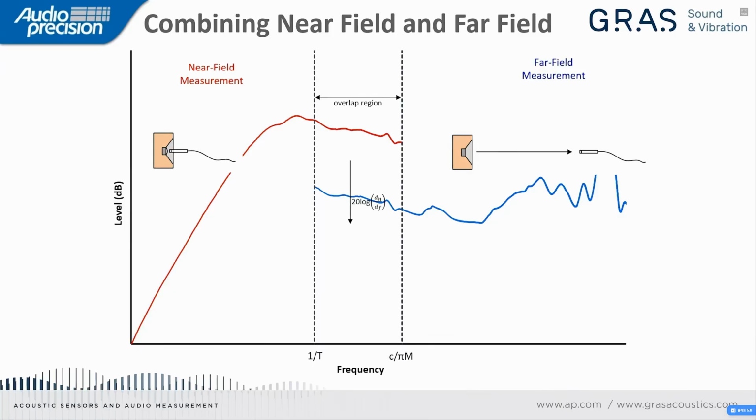Now, APX has a very nice utility called the splice utility, which you can download and use for your measurements, and it will combine the two. This will only show the relative frequency response. So it doesn't give you an overall RMS level response, but this will be relative to a chosen frequency within the overlap region.